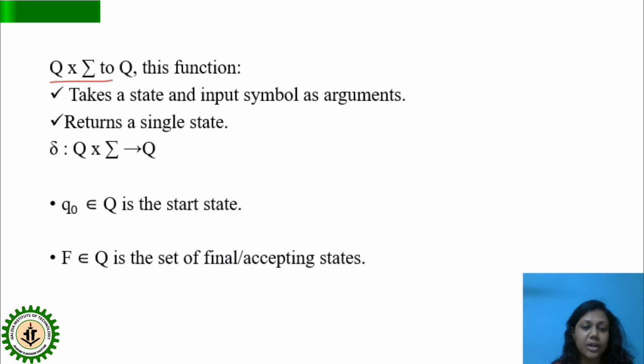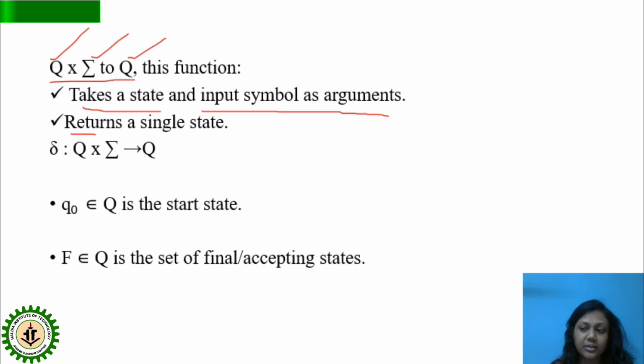Now, this is your transition function. It takes a state and an input symbol as arguments. This is the further theoretical explanation. It takes a state, that is this. It takes an input symbol, that is this, represented by sigma, and it goes to another state.